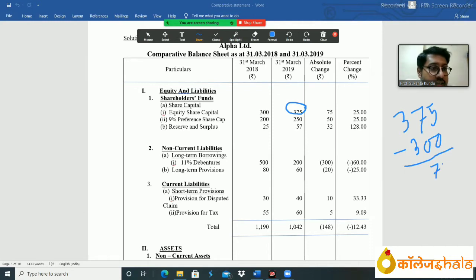So my absolute change is 75, and now you have to calculate the percentage change, and the formula is absolute change divided by base year figure into 100. So the absolute change is 75 divided by base year figure, this 300, into 100. 75 divided by 300 into 100, you will get 25. You will get 25 percent.